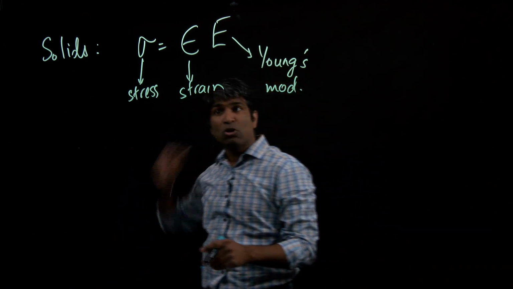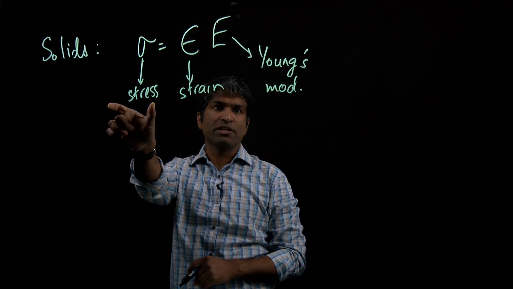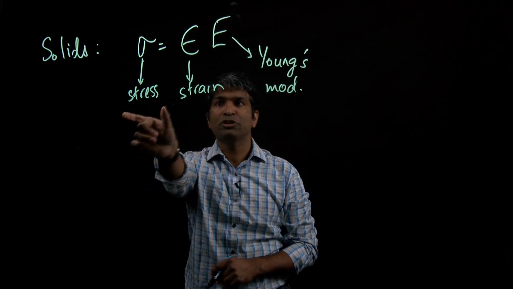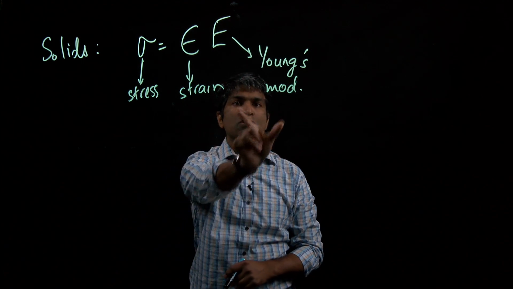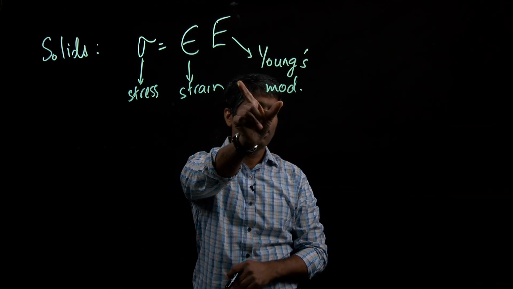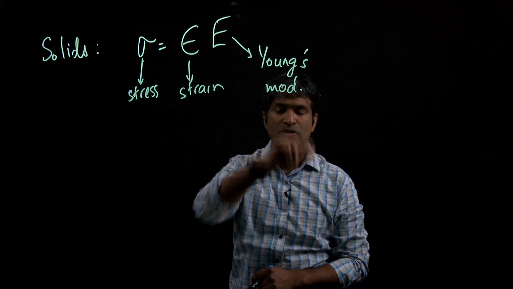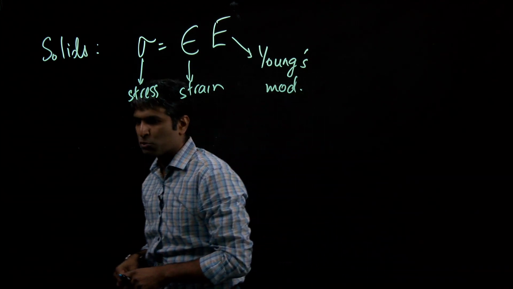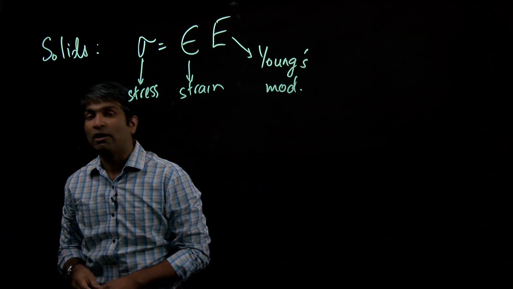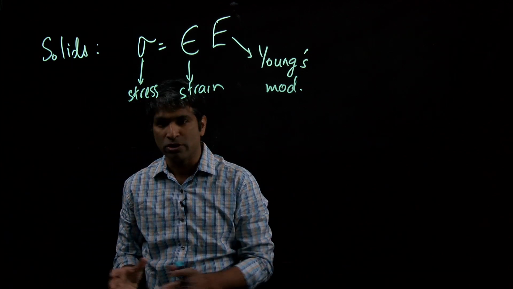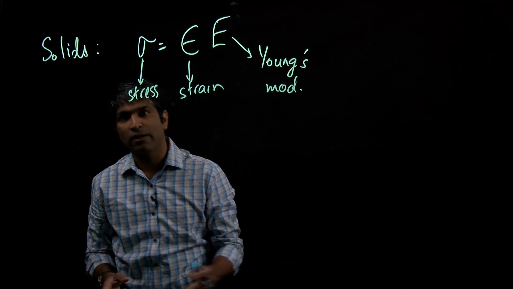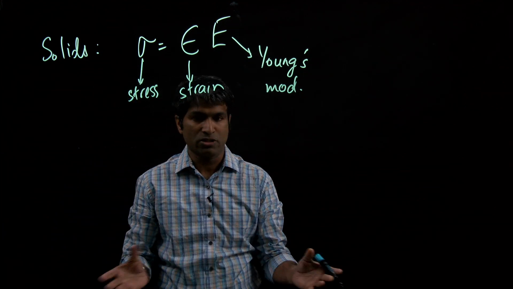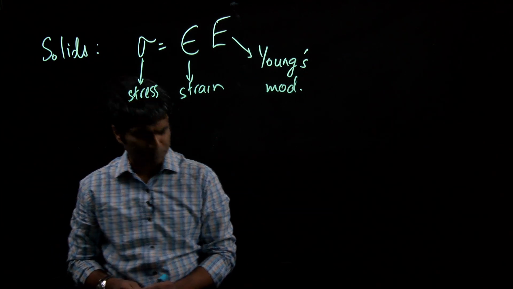What you really did here was relate the applied stress to the deformation in the solid, and the ratio of these was a property of the material itself. So aluminum has a particular Young's modulus, steel has a different Young's modulus, and those values determine how much strain, how much deformation, you would see if you applied the same stress to, let's say, a cylindrical rod of a particular dimension.